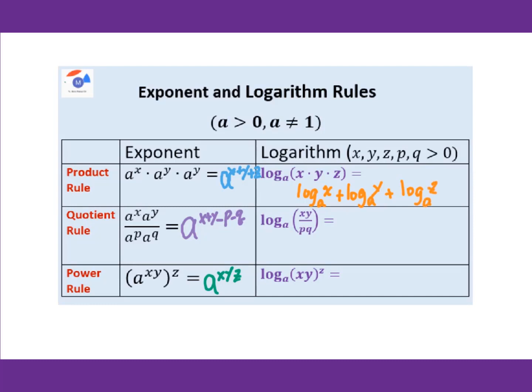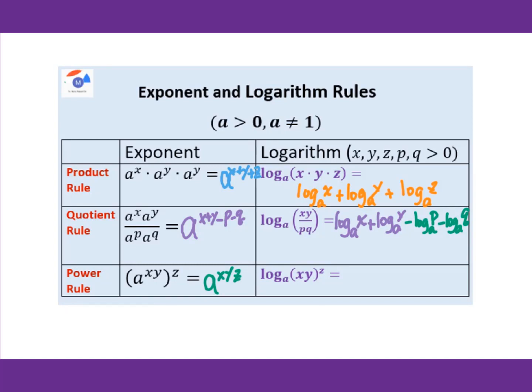For the quotient rule of logarithms, change multiplication into addition, change quotient into subtraction. Therefore, we get log base a of x plus log base a of y, then minus log base a of p minus log base a of q.